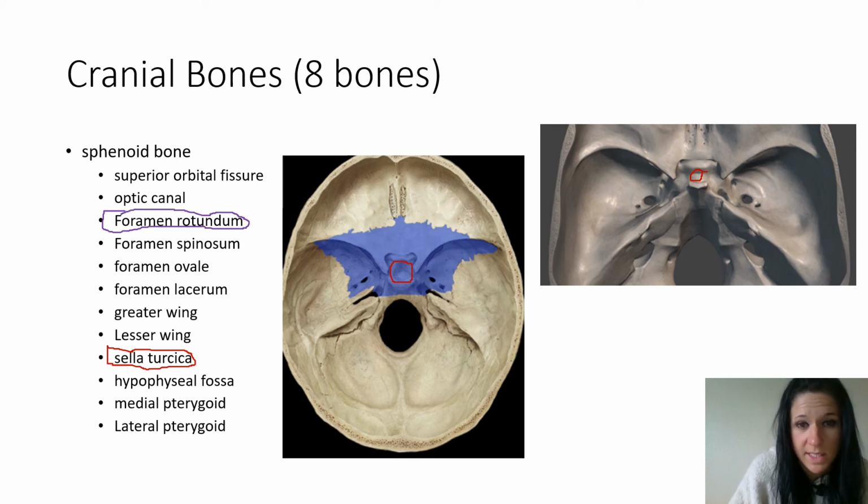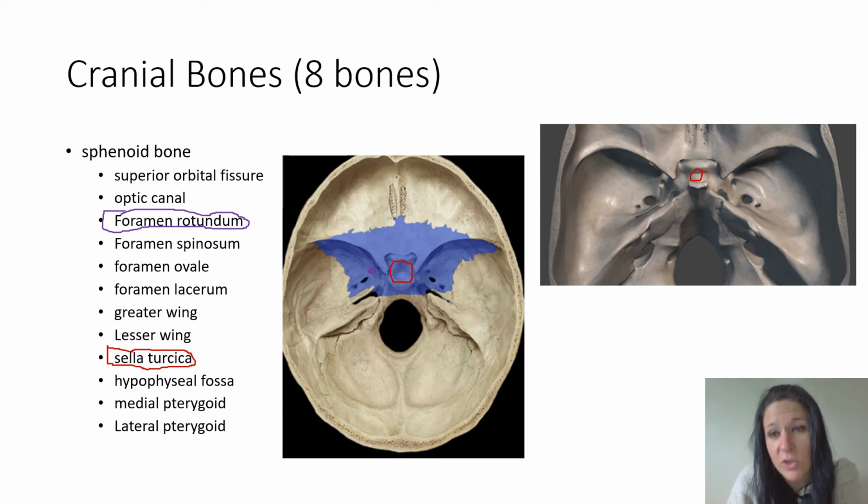So we see foramen rotundum, right? And foramen ovale is very oval shaped.